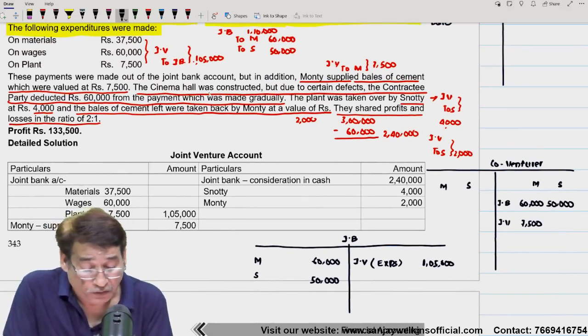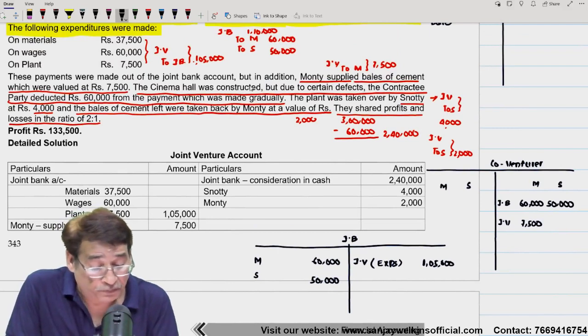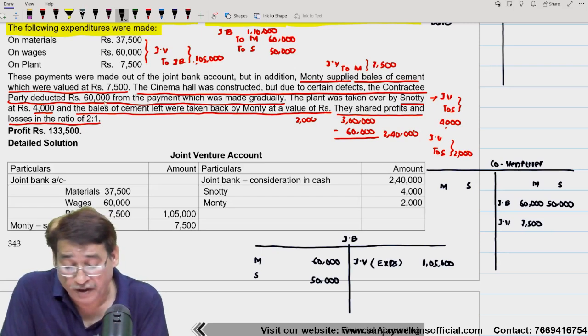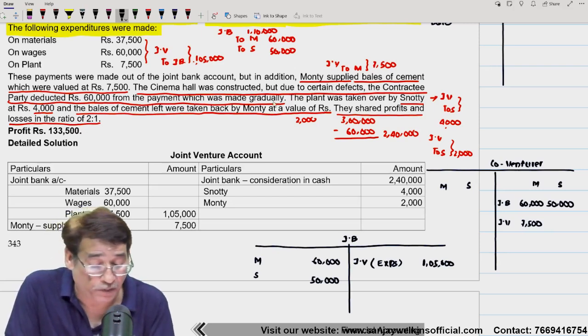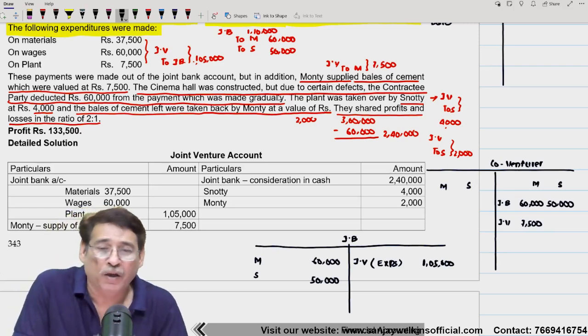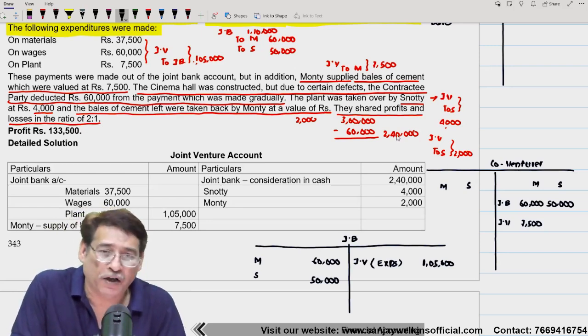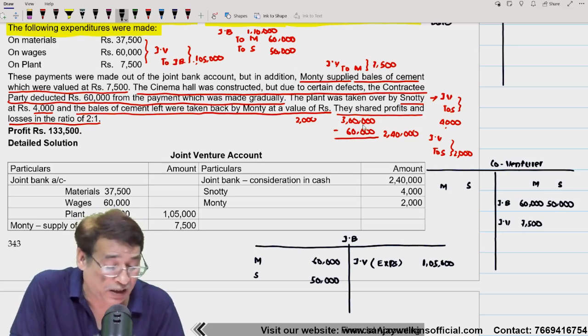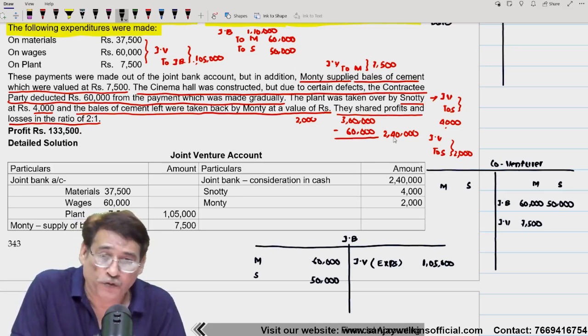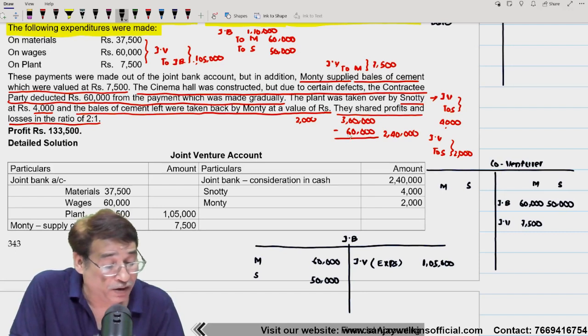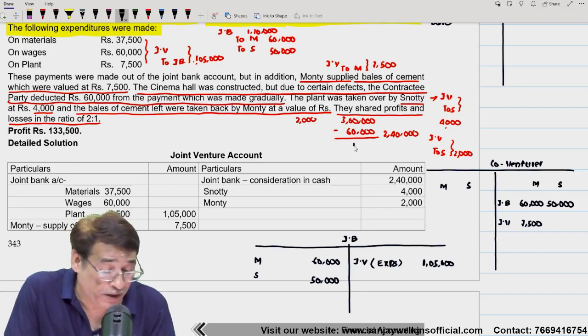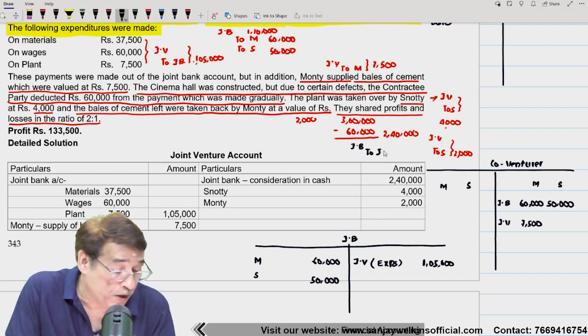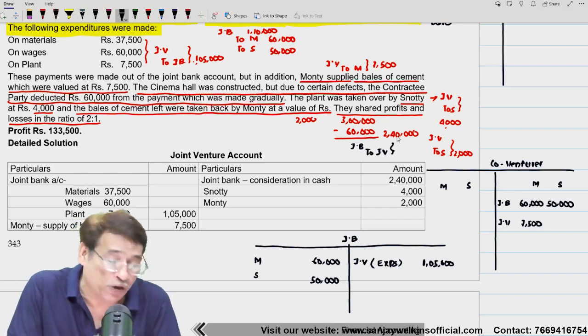The cinema hall was constructed, but due to certain defects, the contracting party deducted 60,000 from the payment which was made gradually. That means they paid 2,40,000, but they were supposed to pay us 3 lakh, but they paid only 240 because they subtracted 60,000. So when we receive the payment, our entry will be joint bank account debit to joint venture account, with 2,40,000.